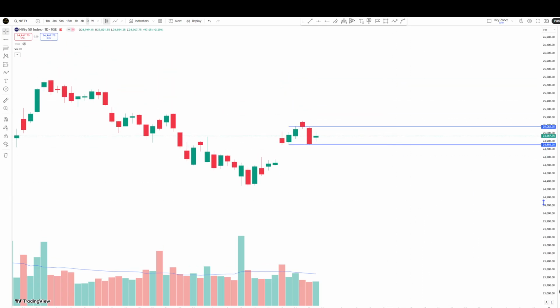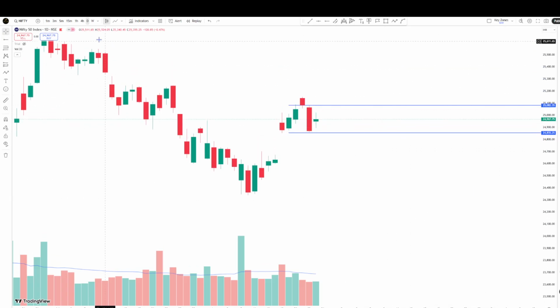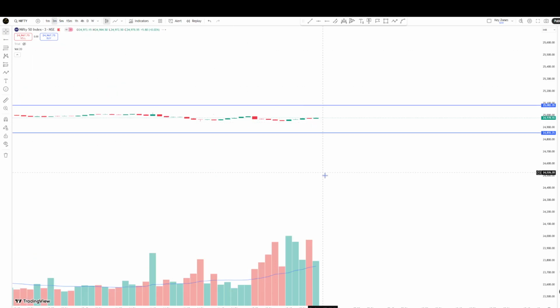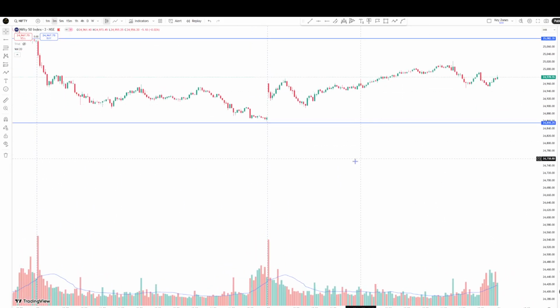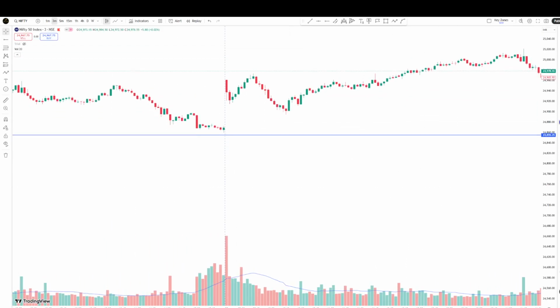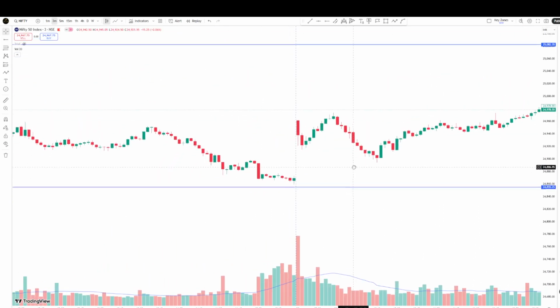What the market did today, it opened a gap up, and if we move into the 3 minute time frame, it opened a gap up. It came down at this level, and it went all up here till here.